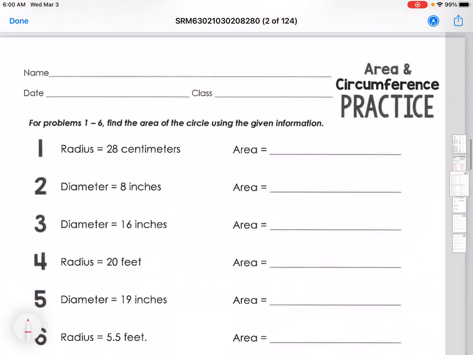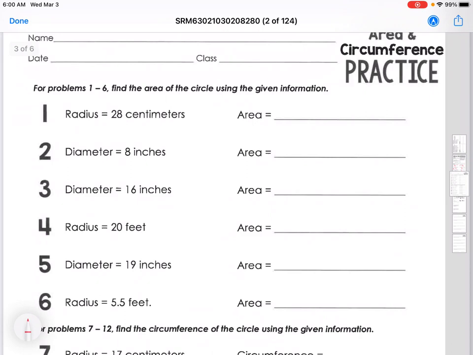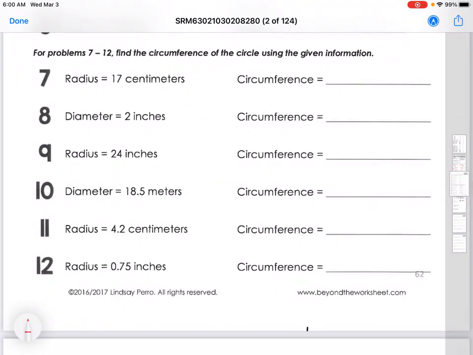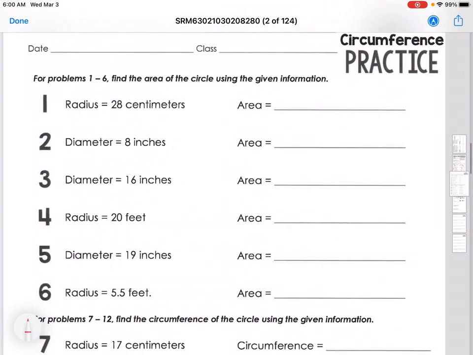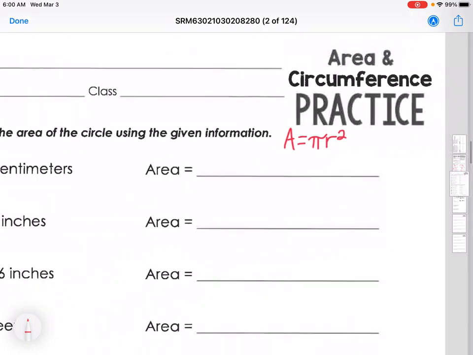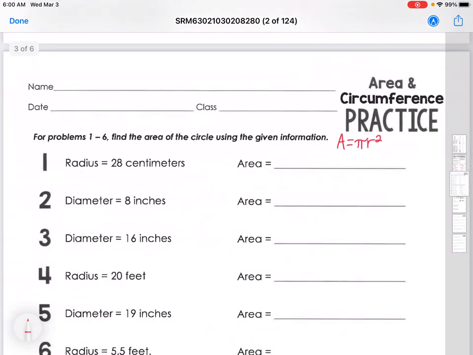Okay. So now you're just finding area on the first 6 and circumference on the second 6. And it gives you either the radius or the diameter. So I know when I'm working with area, it's pi times the radius squared. And number 1 gives me my radius.